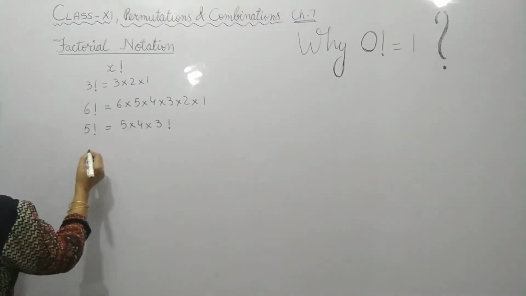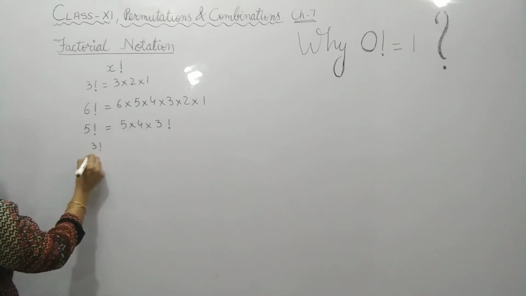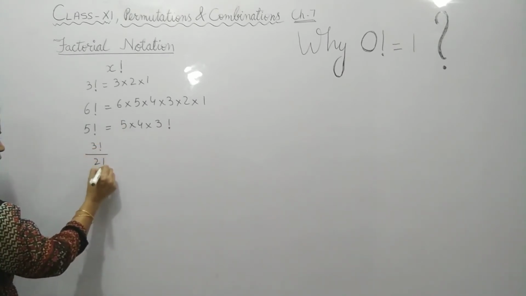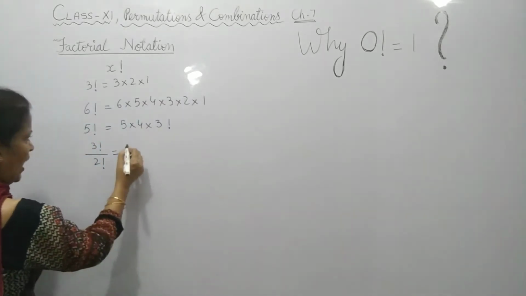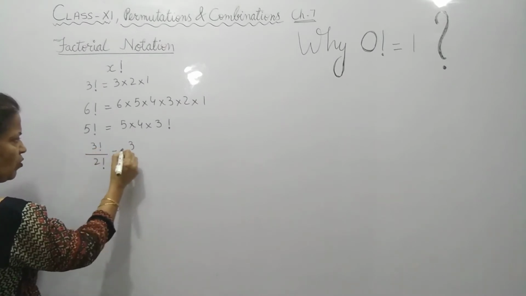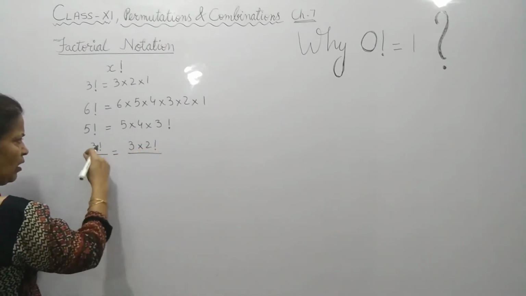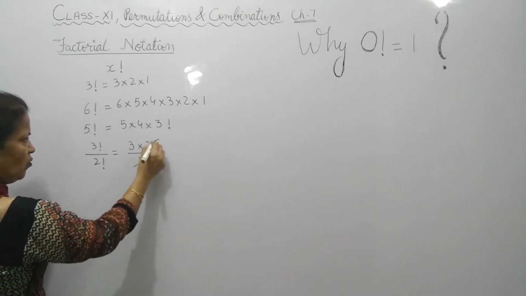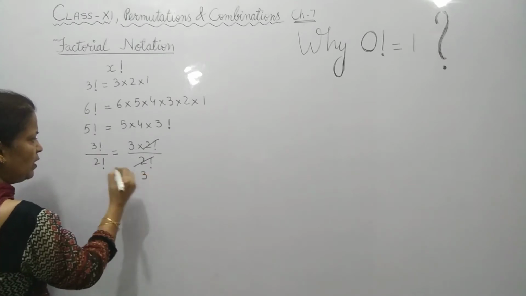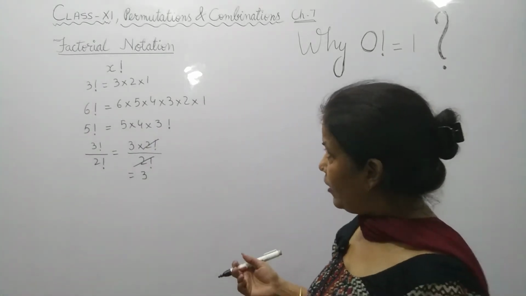Suppose we take 3 factorial upon 2 factorial. How will you solve it? You can write 3 factorial as 3 into 2 factorial, one decreasing, and the denominator is 2 factorial. You can cancel it and you will get 3. Like this, you can expand it.